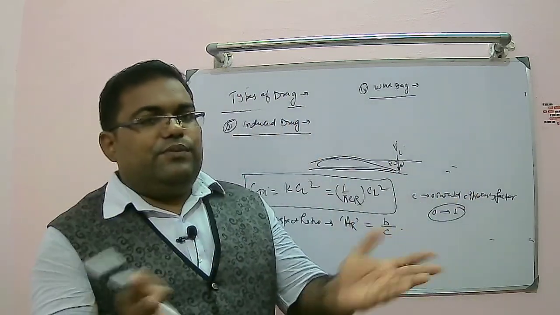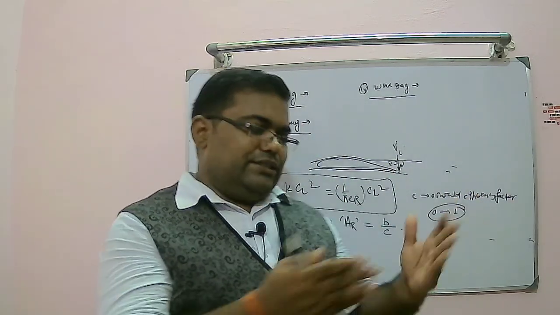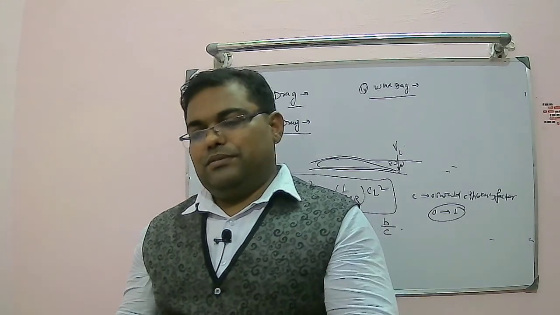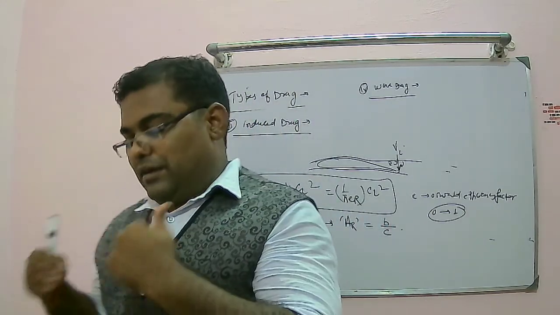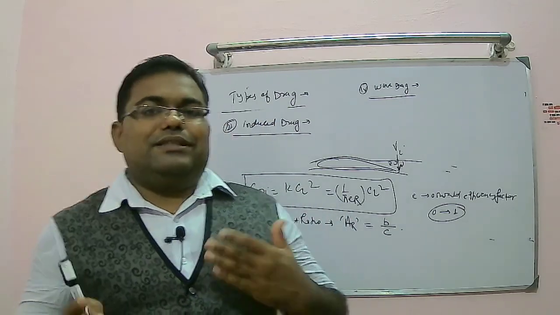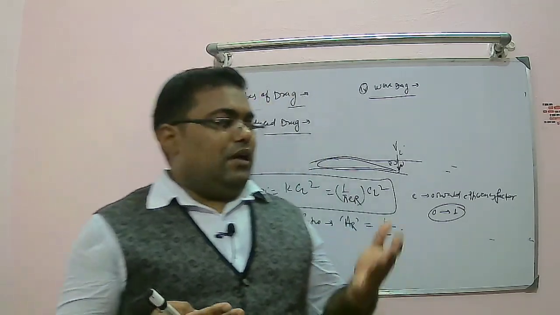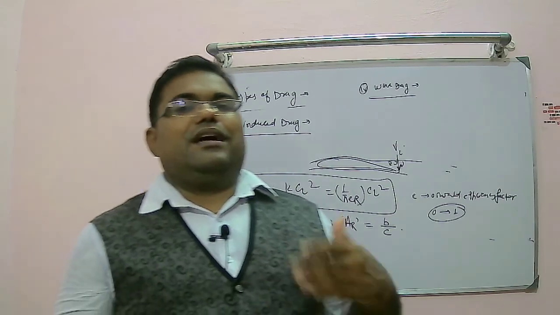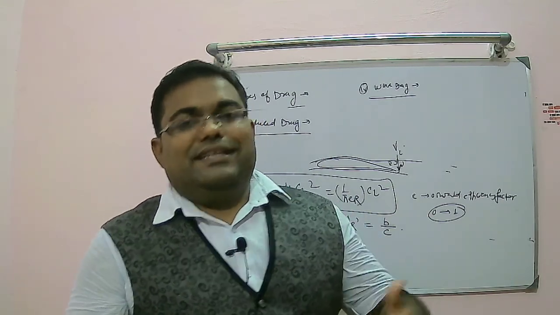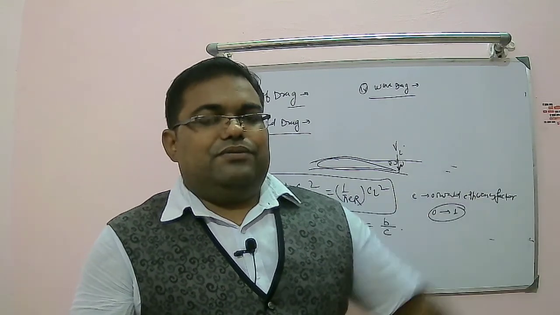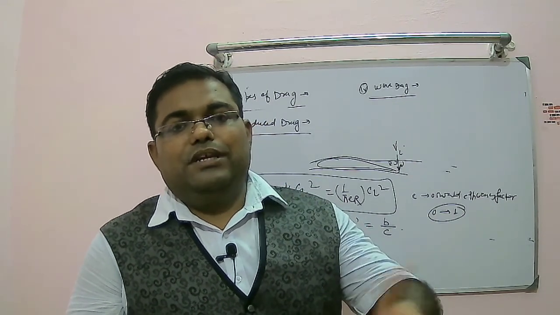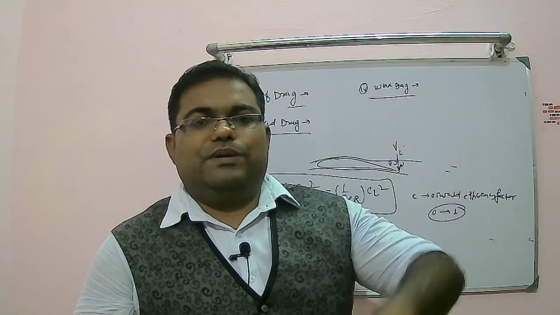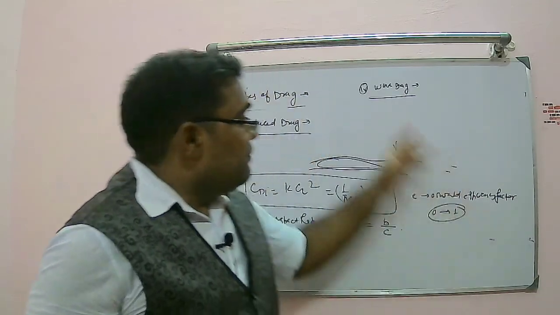All of a sudden your flow properties will change. Initially it will have some value, finally it will have another value. Sometimes the initial velocity will be more and the final velocity is completely reduced. All of a sudden your object will experience abnormal flight conditions, and that kind of drag is known as wave drag. So wave drag is nothing but drag due to the formation of shock waves. Usually it occurs at very high speed, Mach number greater than 1. So this is wave drag.